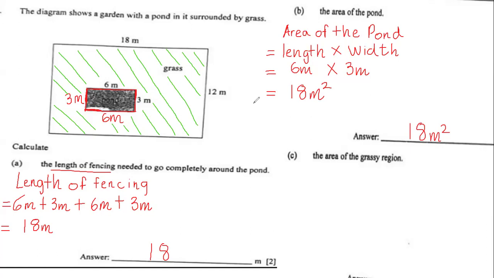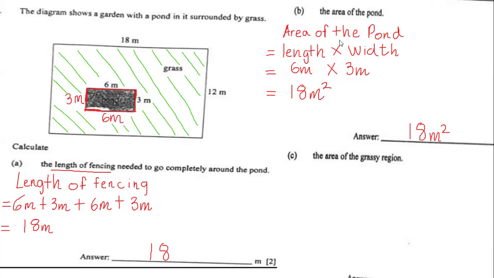Okay, we already found the area of the pond. So you're saying find the area of the entire rectangle and then subtract the area of the pond. Yes, sir. Okay, that's correct. Taya, is that what you're going to say?